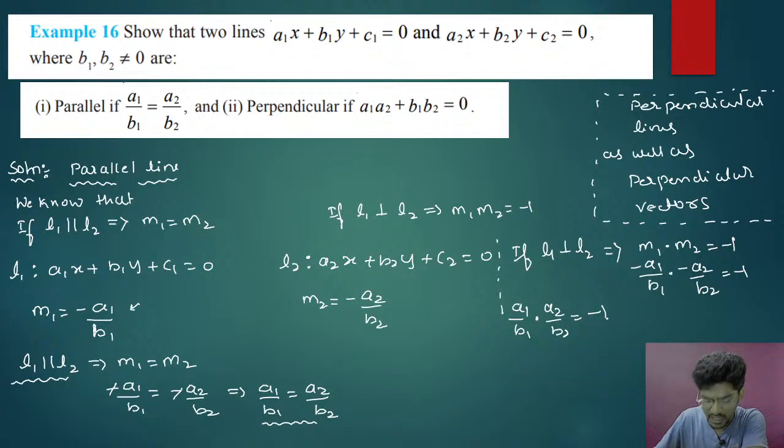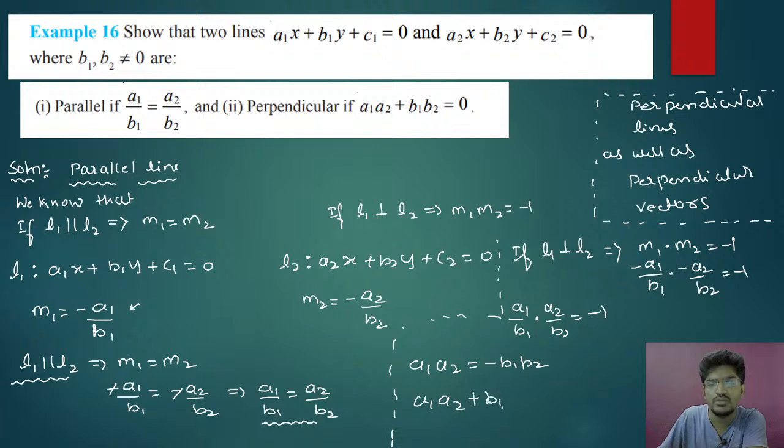Now from this, A1 into A2 is equal to B1 into B2 multiplied with minus 1, which is minus B1 into B2. So now we can write it as A1 into A2, take B1 into B2 this side, so that will be plus B1 into B2 equal to 0.